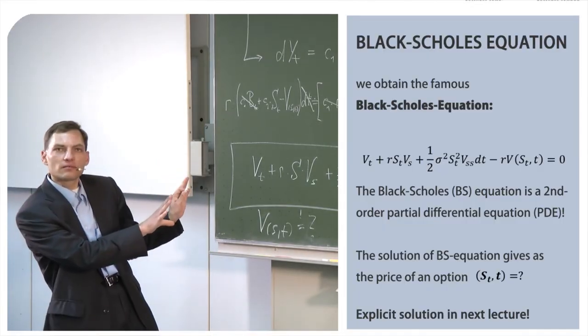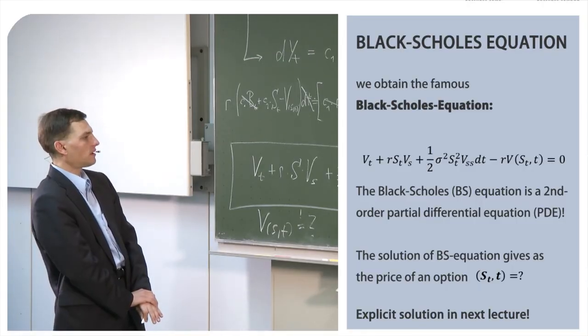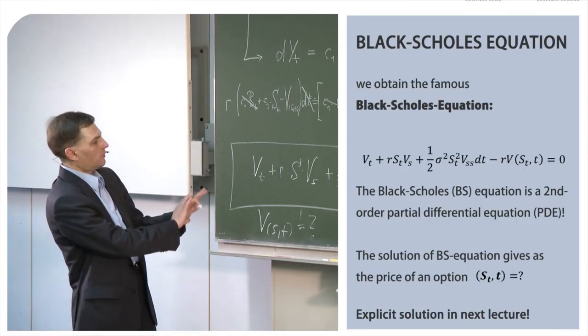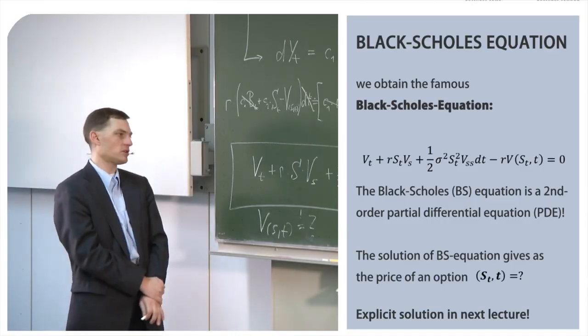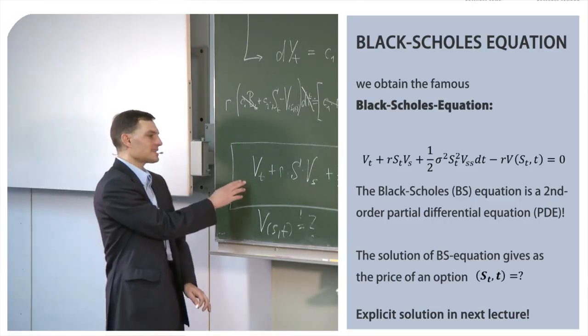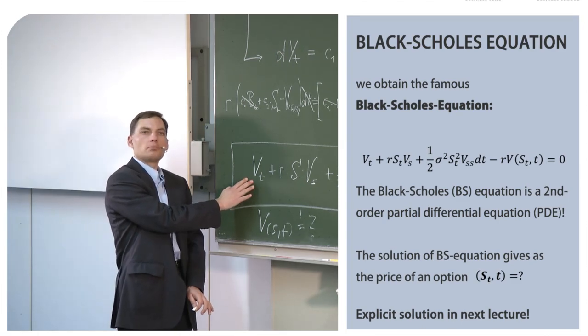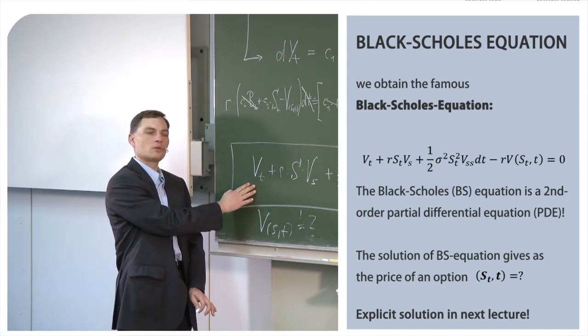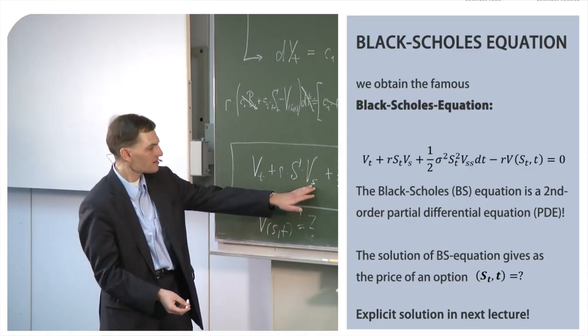Take a second and look to this box. This is a very special equation from a mathematical point of view. It's what we call a second order partial differential equation. Well, we have partial differentials.